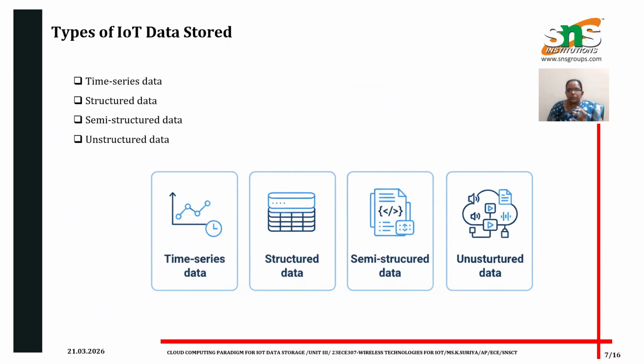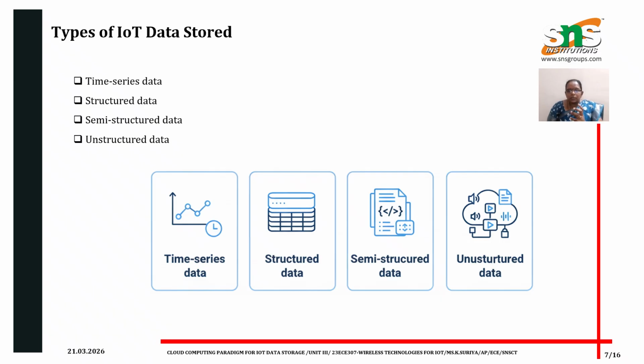So next one is the types of data that is stored. So IoT data can be classified into four major types. So the first is the time series data, which is collected over time, such as say temperature readings recorded every minute. The second one is the structured data, which is organized in the tables like say traditional databases.